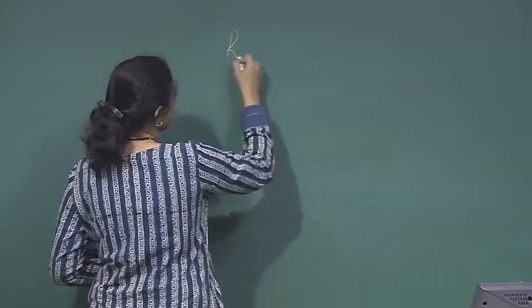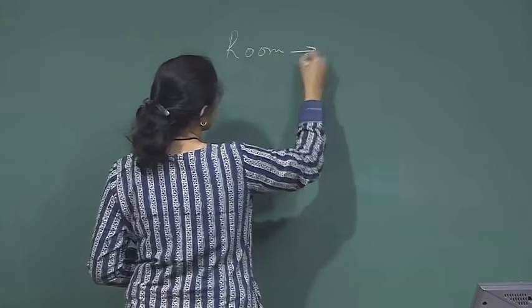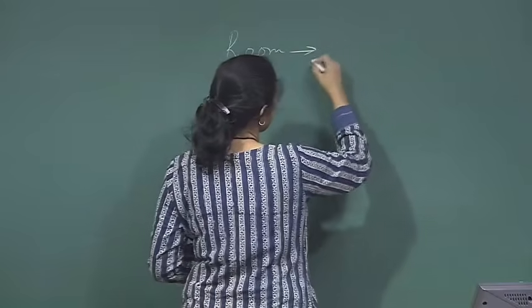So the room itself and the sewing machines would be inputs in the production of garments in the tailoring shop. So there is a room of say 200 square feet area.